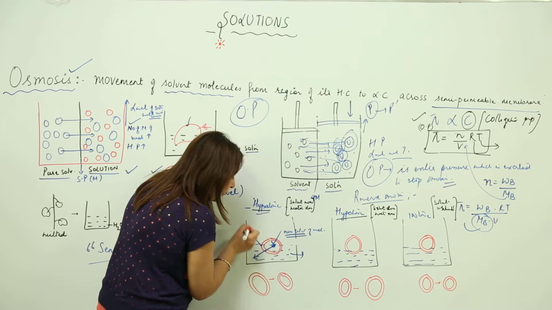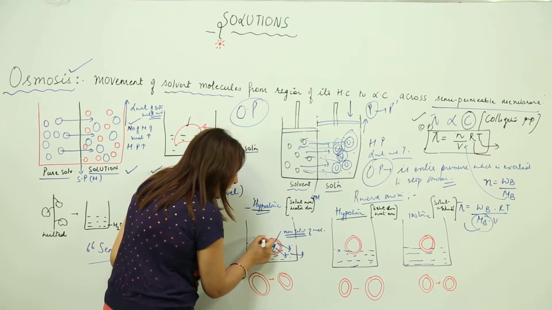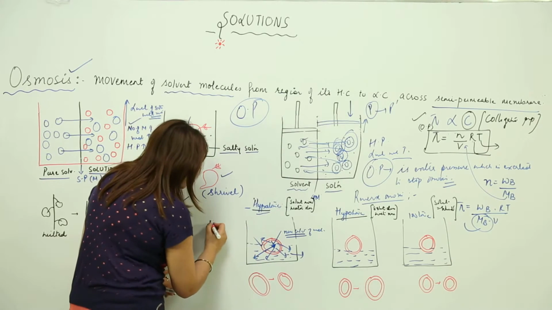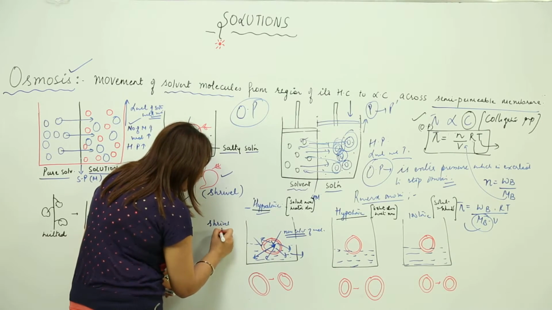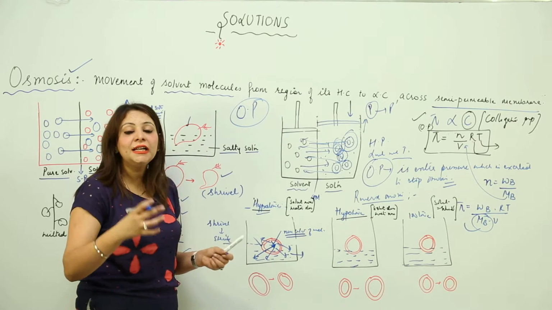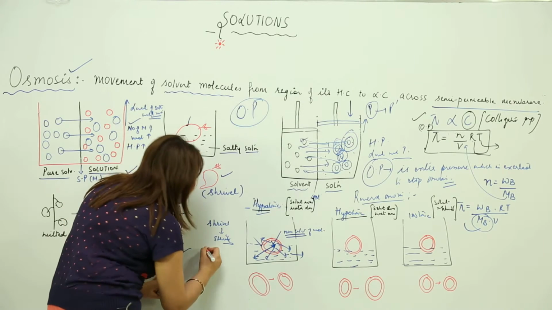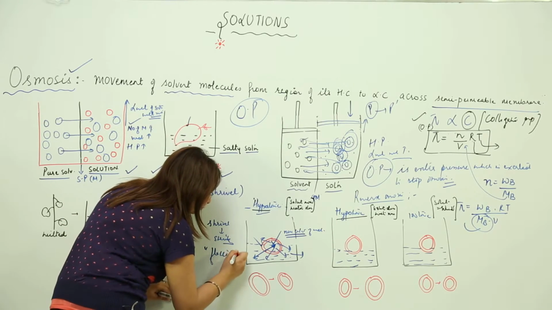So in this case the RBC will have more water as compared to the solution, and water will move across the semi-permeable membrane. The water will start moving out, and as a result the cell will become shriveled, it will shrink, and when a limit is reached beyond which it cannot shrink, that stage is called flaccid.